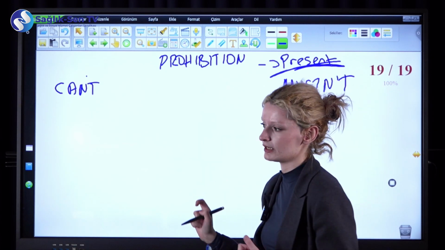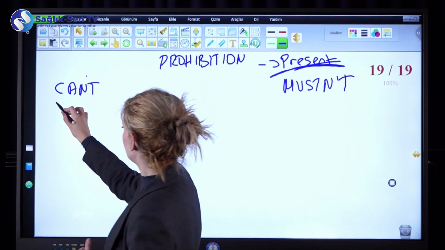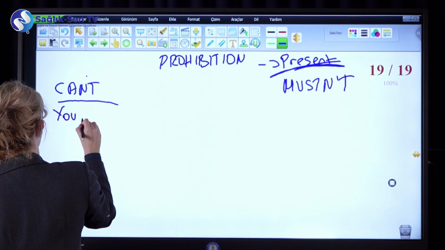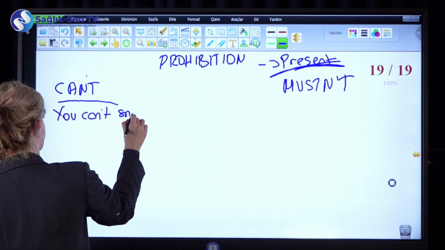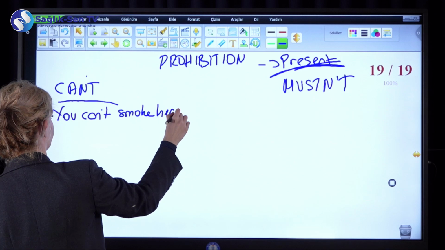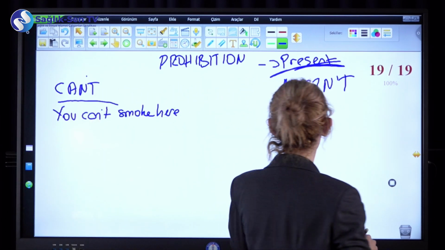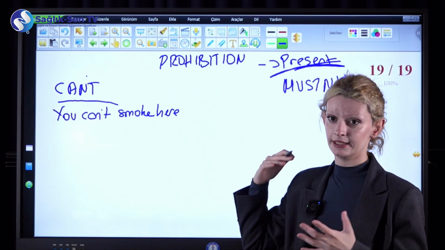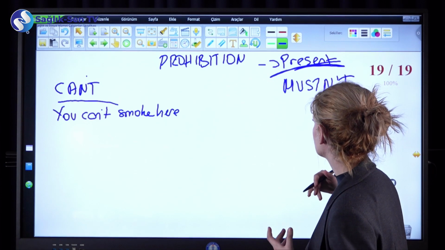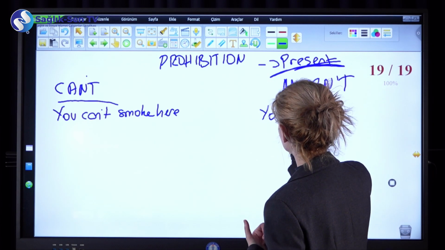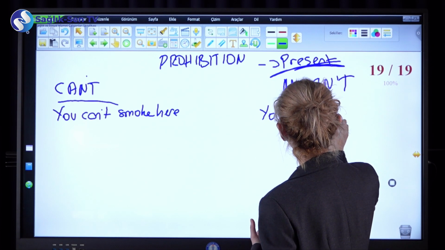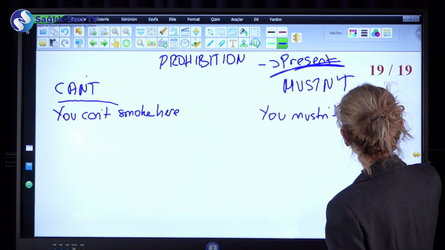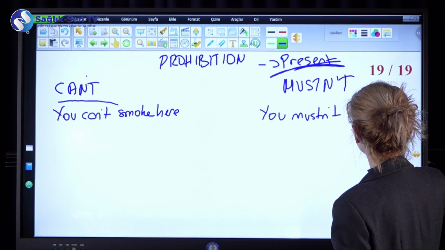This is important. For example, you can't smoke here. Or I could use the same sentence using mustn't. You mustn't smoke here.